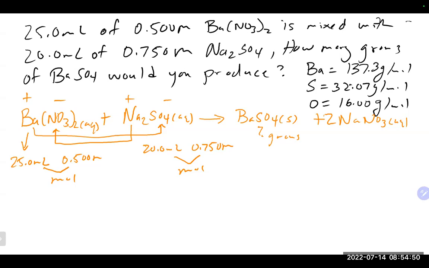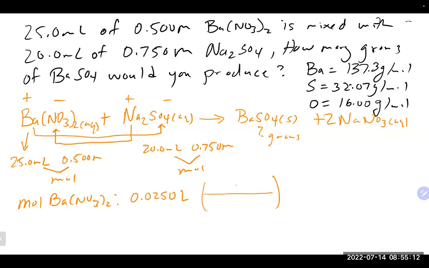So to do that, we obviously need moles for each of those guys. So that's where we'll start. We're going to go with the moles of the barium nitrate. And we will use our volume and molarity to do that. Converting our volume into liters, dividing by 1,000, or moving the decimal place there gives us 0.025 liters.